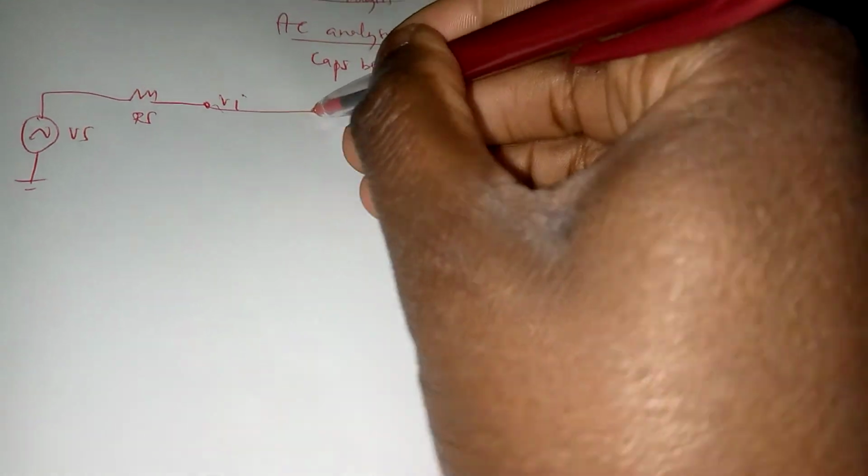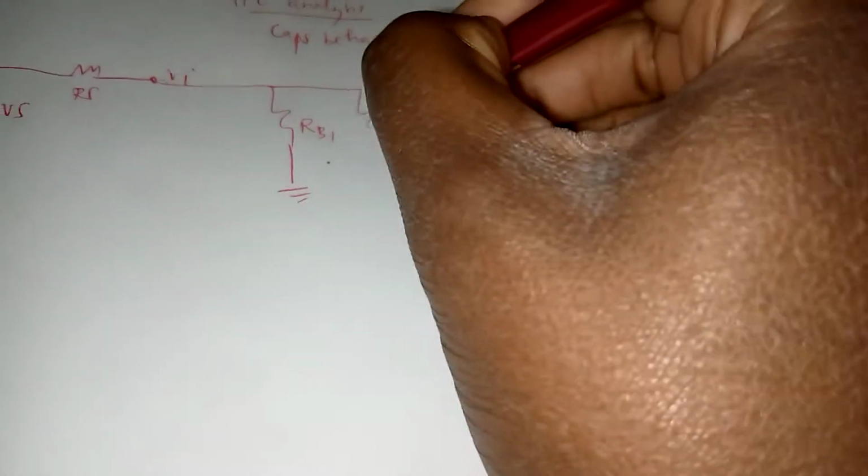But in the AC analysis, caps behave as short circuits, which makes VS come back through RS to get to VI, and that VI cap behaves like a short circuit. Now DC voltage sources behave like ground, so RB1 is suddenly in parallel with RB2.